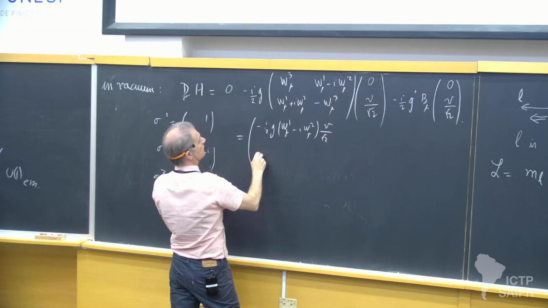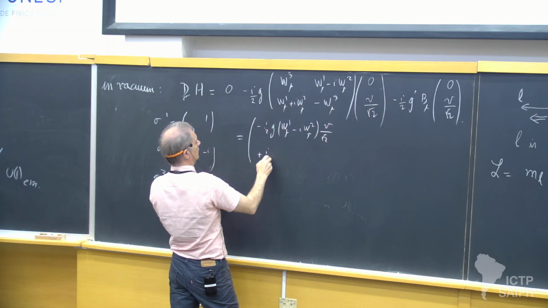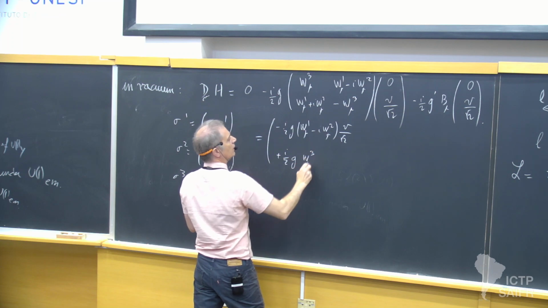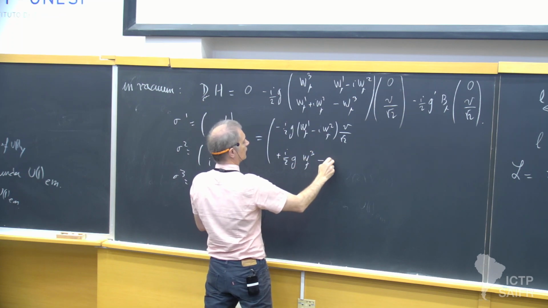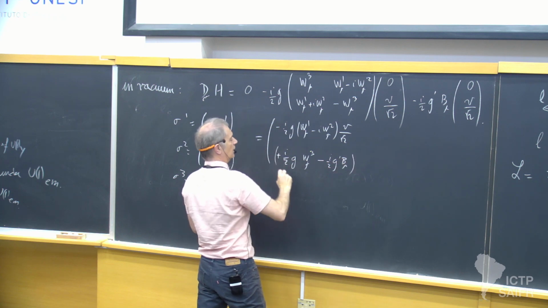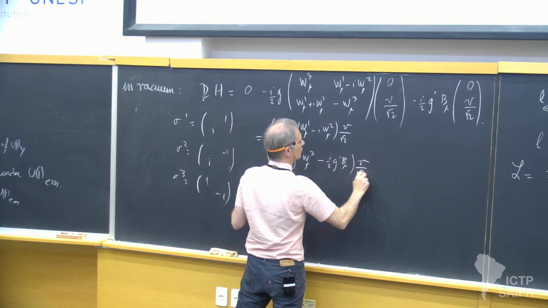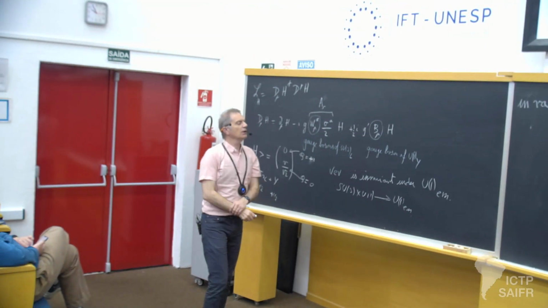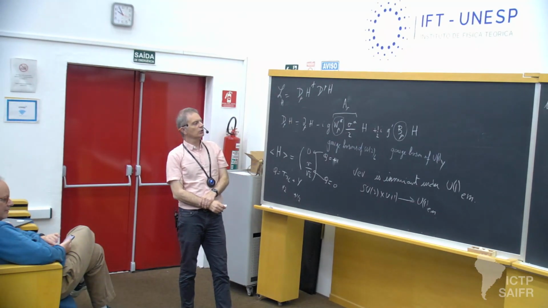And here I get minus plus I over 2 G W mu 3 minus I over 2 G prime B mu times V square root of 2, right? So that's, in the vacuum, the expression of the covariant derivative of the X field.